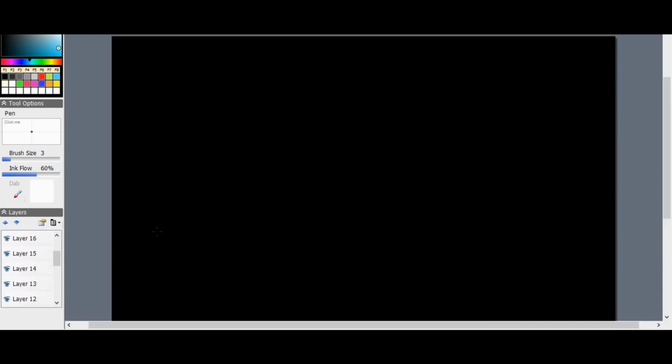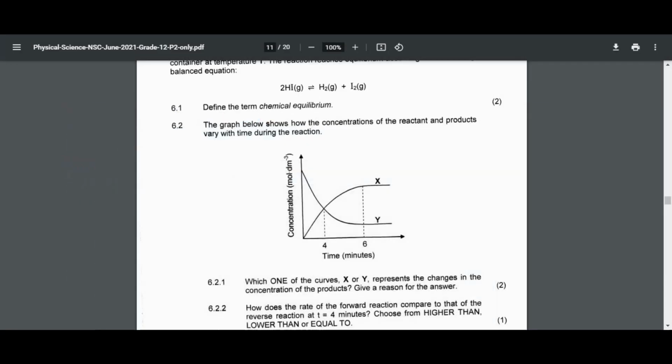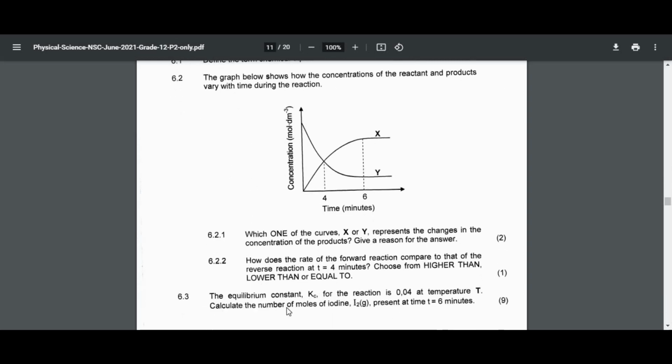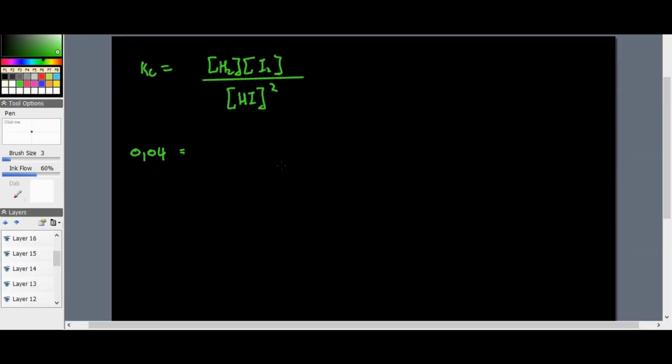Now you've got to go to the formula, and you've got to say Kc is equal to my products, the concentration of H2 and I2, all divided by HI squared, because of the balancing number 2 in front of it. Now we had the equilibrium constant of 0,04, and just to go back to the question, it is to calculate the number of moles of iodine gas, which would be the same for H2 as well, because they are in the same mole ratio.